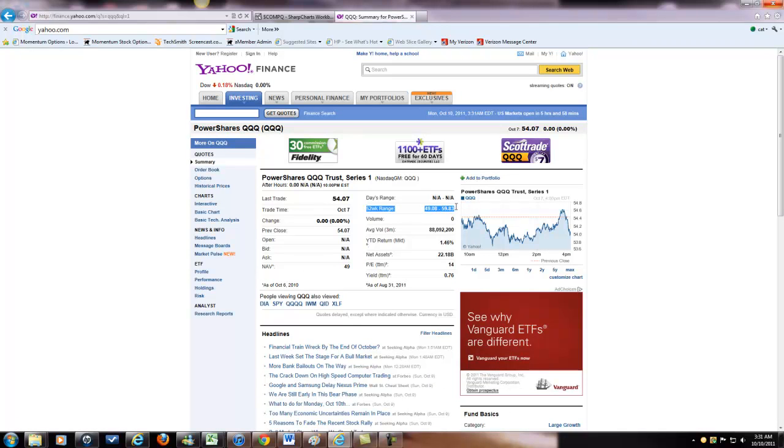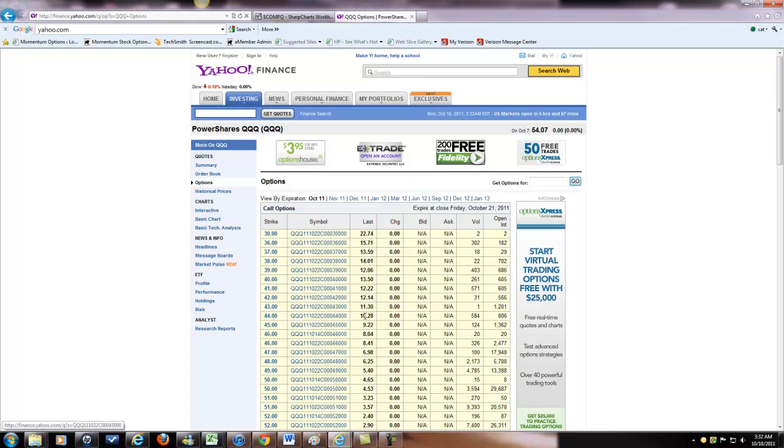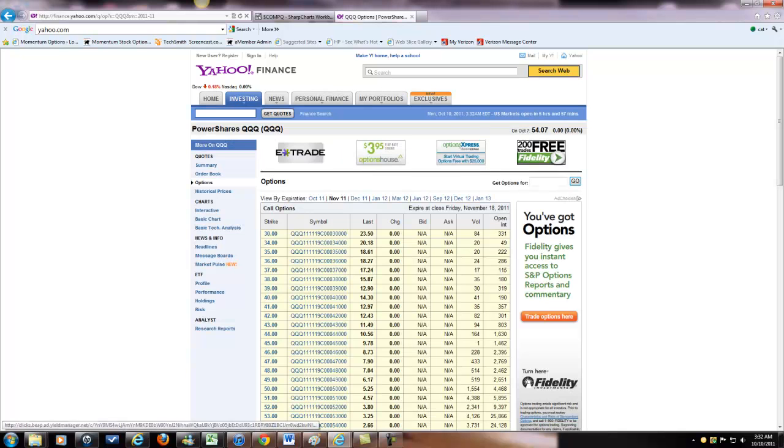As you can see, the 52-week range is 59.89, 59.83 is the high, and then 49 is the low. We've played both sides of this all year. So for the Qs, you could use the November 60, maybe 62.